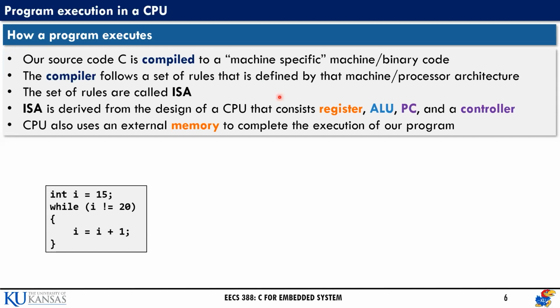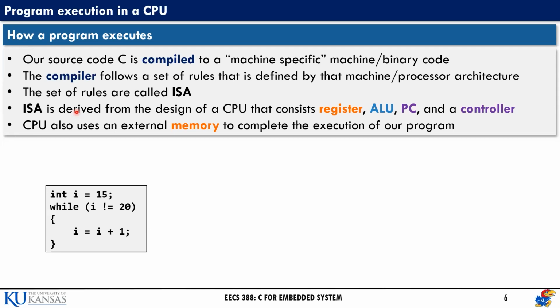If it is not x86 based, for example, if it is ARM based architecture, the rules are going to be different, because these rules tell the hardware how it's going to process your source code and run it. These rules are not written by some software engineer. It is basically derived from the hardware.